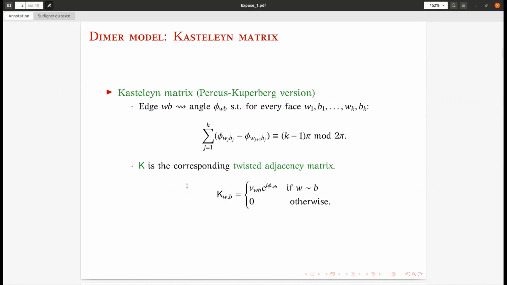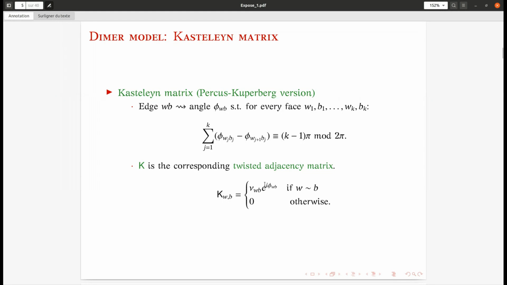Okay, so how precisely is it defined? To every edge WB, you assign an angle phi WB, which satisfies a technical condition. Around a face, you have to satisfy some parity on these angles. It should be equivalent to k minus 1 times pi mod 2 pi. And once you have these angles, they define phases for your Kasteleyn matrix.